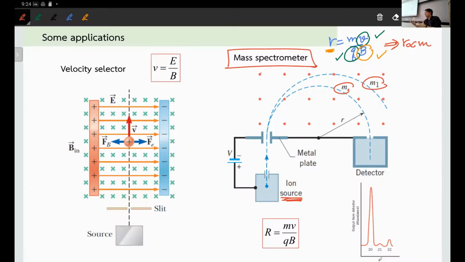You even know the mass of each, so you can trace back what type of particle it is, what kind of element you have in your sample. This allows you to do contamination detection, for example. If you run it through a mass spectrometer and there is a spectrum coming out that you are not expecting, you might say, hey, that sample is contaminated with something. That's why they call it a spectrometer. It gives you the components of the sample by separating the mass.